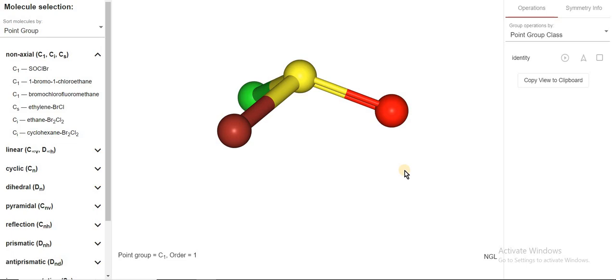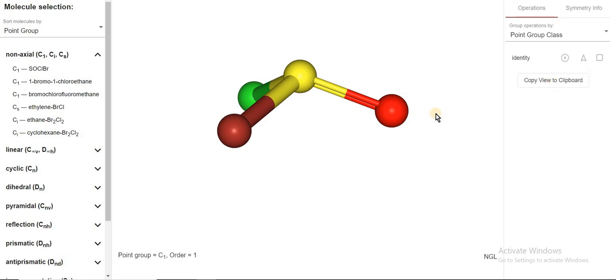When the identity operation is operated on a molecule, it gives an identical molecule. For other symmetry elements, when they are operated, we will use the term indistinguishable. So this is the identity element.